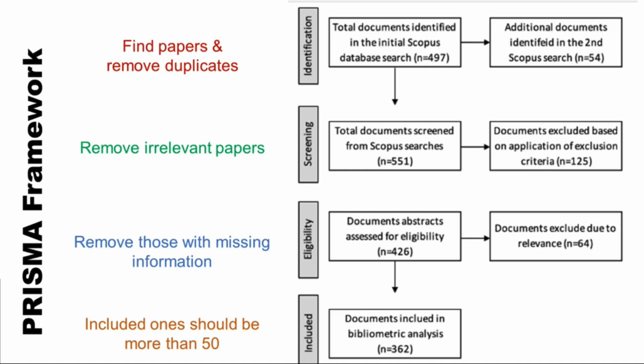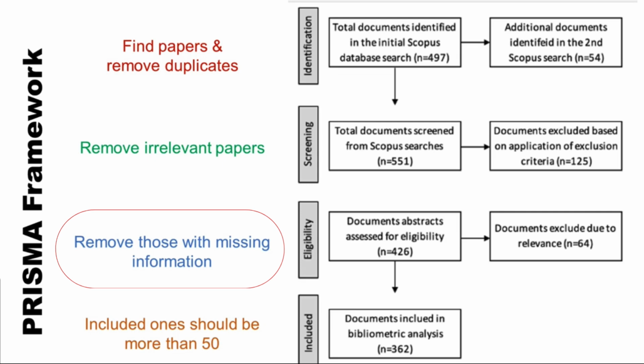After removing 125 papers as irrelevant with respect to your exclusion criteria, you are left with 426 papers assessed for eligibility. If there are any papers with missing information, for example the authors are not mentioned, or the title is not clear, or the abstract is missing, then such documents are removed.